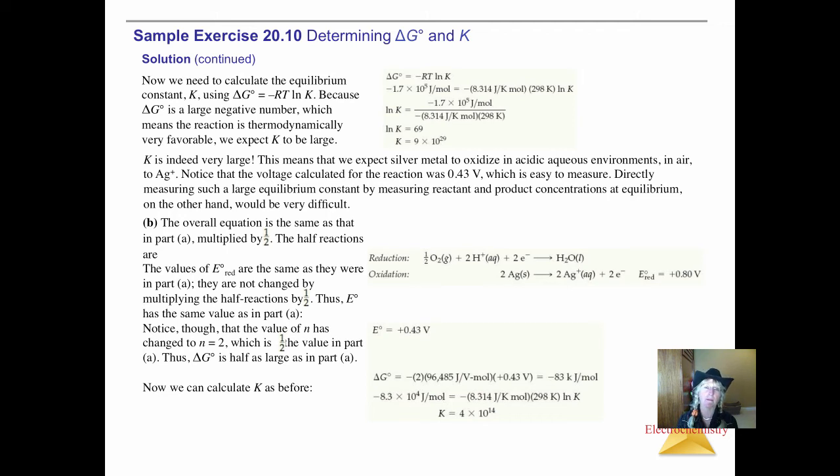Now I know that I've emphasized in previous problems that we talked about voltage being an intensive property. It's not a function of the number of multipliers or coefficients that you have in an equation. But let's see what does vary. In the second overall reaction, it looks just like the original one, except you'll notice that all the coefficients have been cut in half.